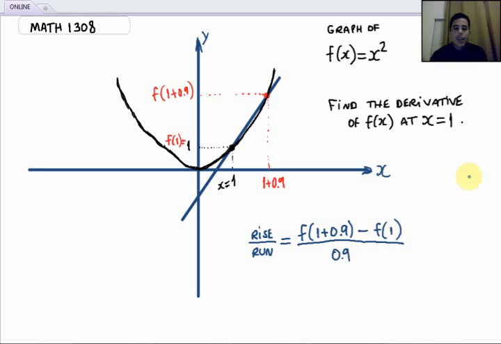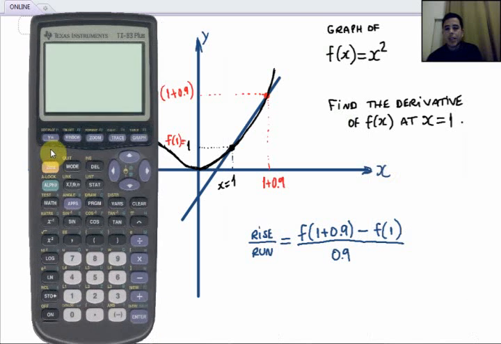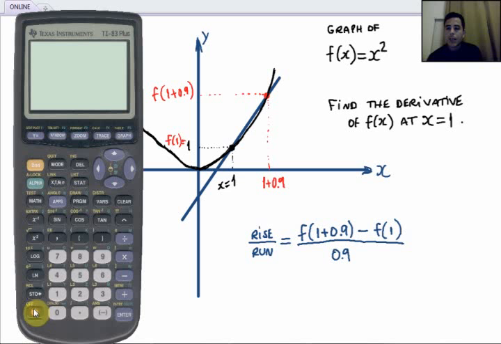Now, if you plug that into the calculator, let me put the calculator here for you. Let me put in the function x squared, then we can play with it. Go to Vars, Y-Vars, Function. Then 1 plus 0.9, that's 1.9. That's 3.61. So again, let me put that in here.